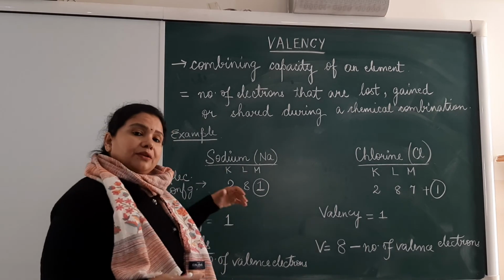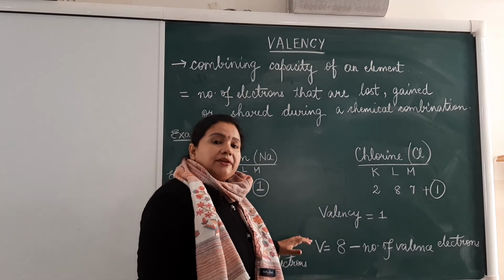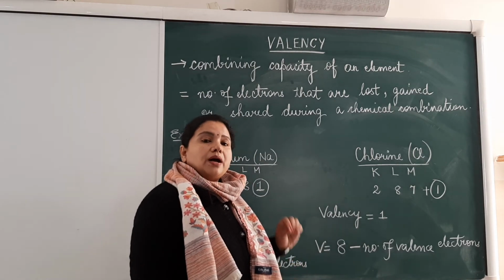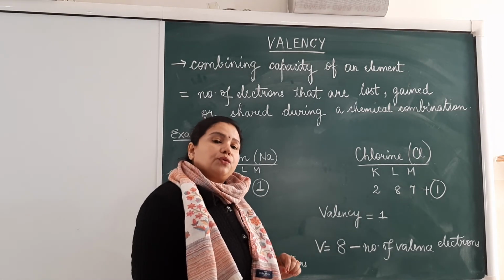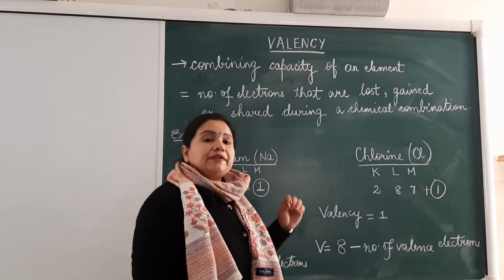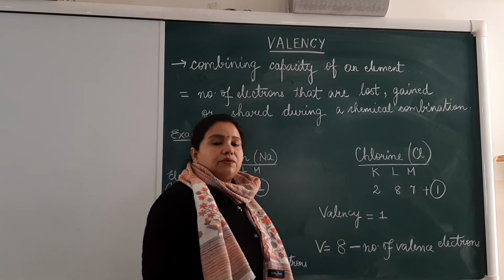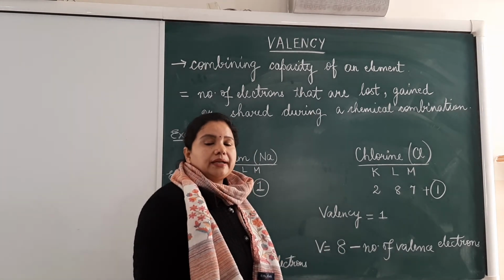So to calculate valency easily, you can do it this way. If the valence electrons is 1, 2, 3 or 4, it will be the same as the valency of that element. If it is more than 4, subtract it from 8 and you will get the valency of that element.